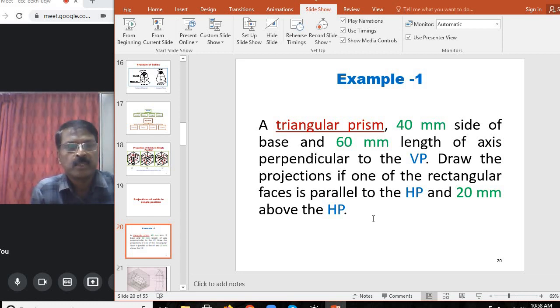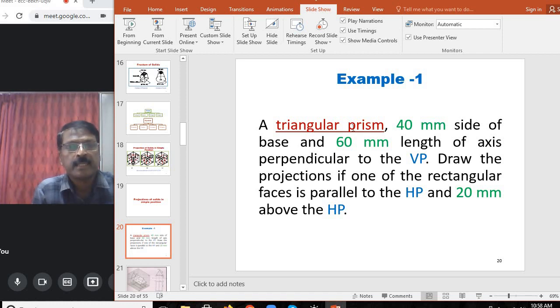Before starting the solution, we have to read the problem once again and understand what the data are. Here the object is a triangular prism.